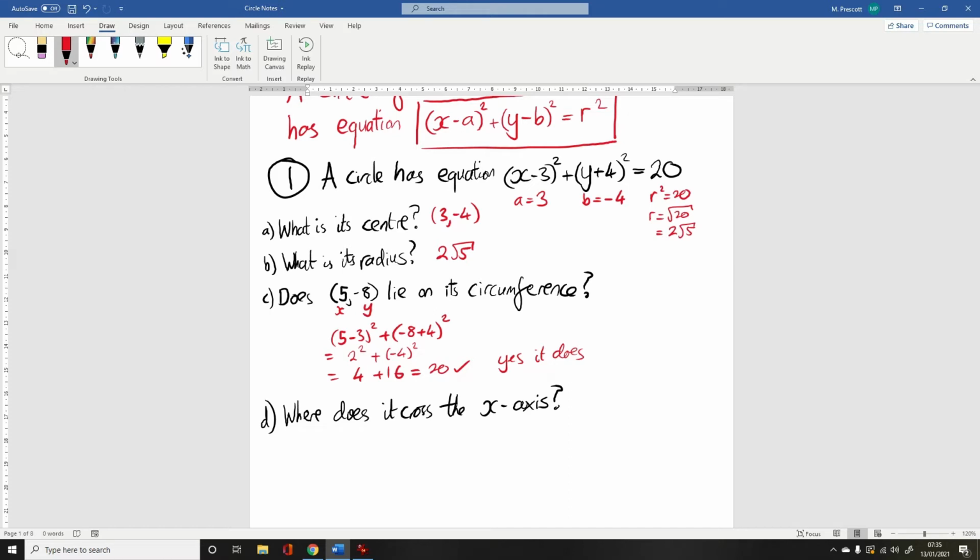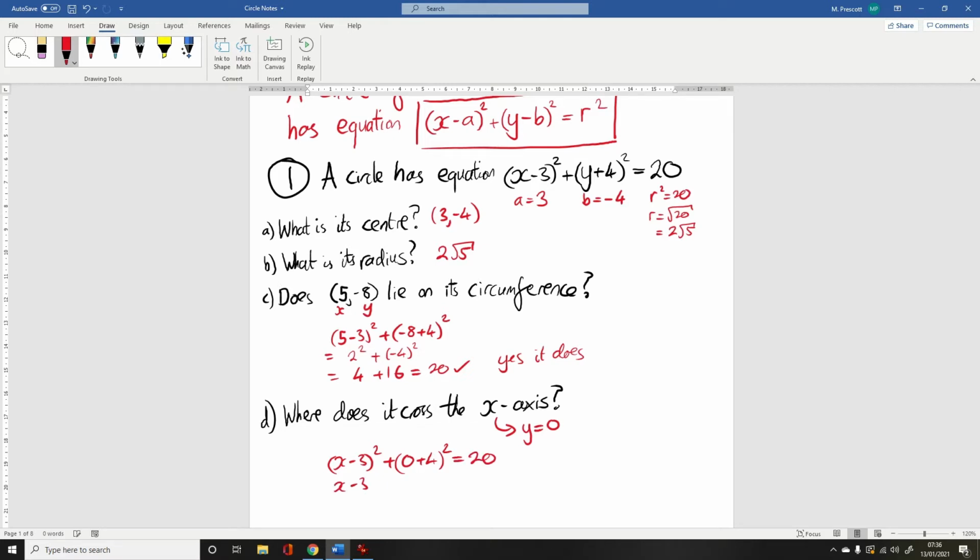Okay, what about the next one? Where does it cross the x-axis? So if we remember back to before Christmas, x-axis is where y equals 0. So it's a case of substituting that into the equation and trying to find the x-coordinate that goes with it. So we're going to have (x minus 3) squared, we don't know what x is, plus (0 plus 4) squared equals 20.